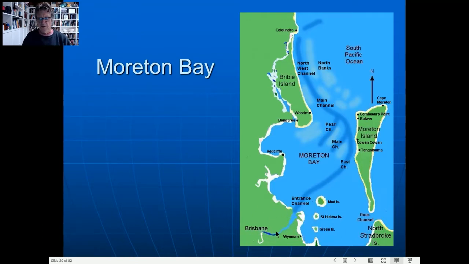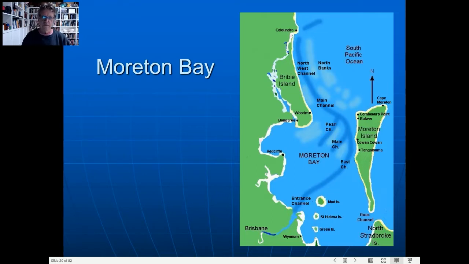There's a whole lot of docks and so on in there, so this is a major port. Now, in World War II, things didn't really heat up until after Pearl Harbor, after the Japanese attacked the US Navy fleet at Pearl Harbor.